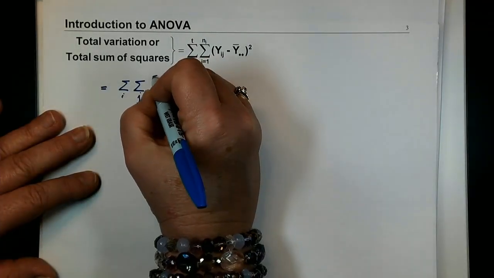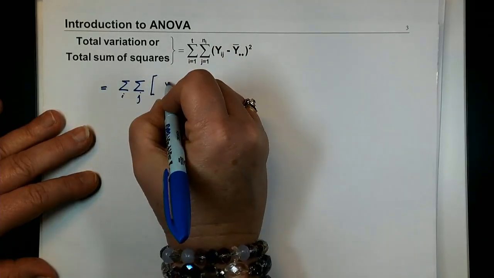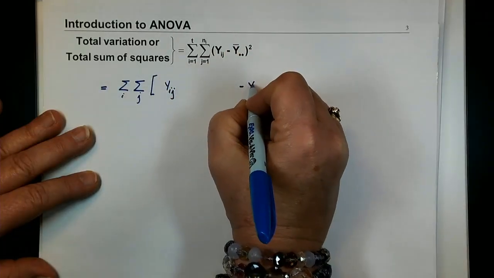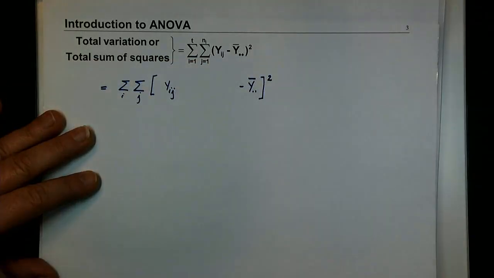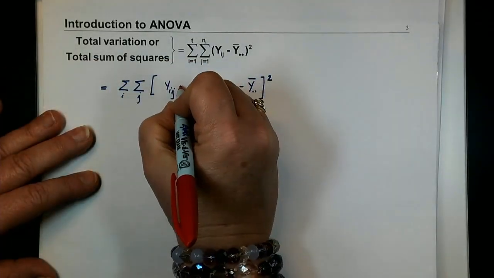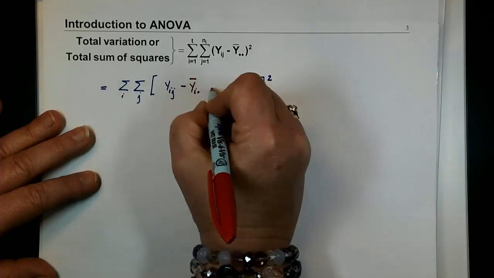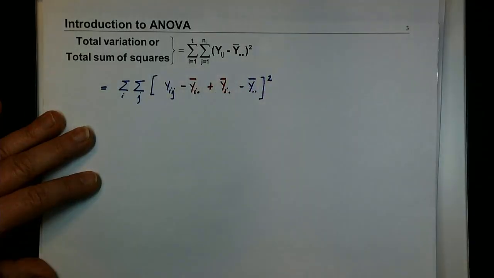What I'm going to do is take this y_ij and subtract the y dot dot bar. That's what I have in the first part. If I come back in here and say minus y_i dot bar plus y_i dot bar, I've not changed the value of that expression any. Agreed?